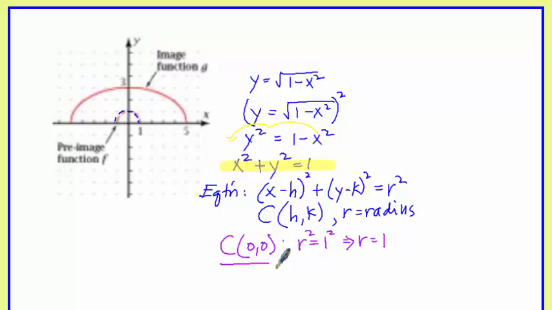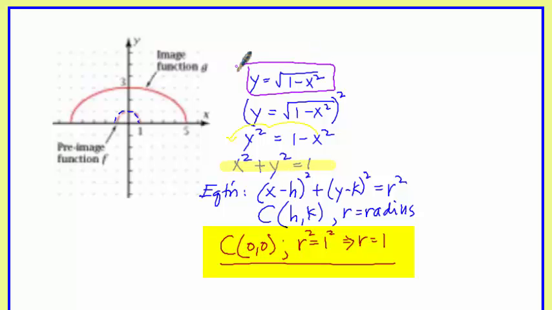But notice that our function y is equal to square root of 1 minus x squared is only concerned with the positive part.